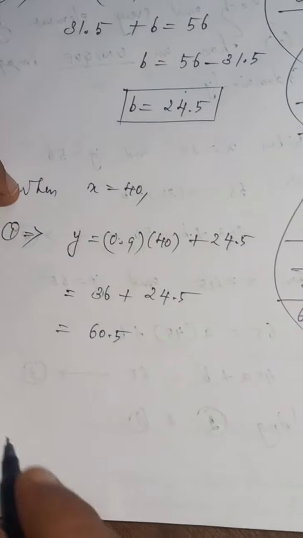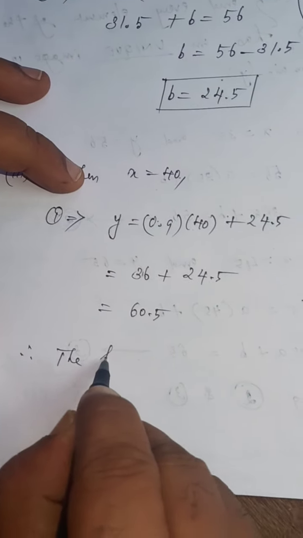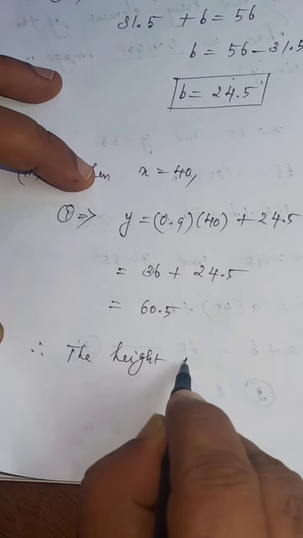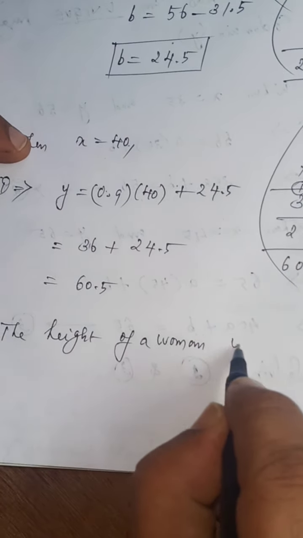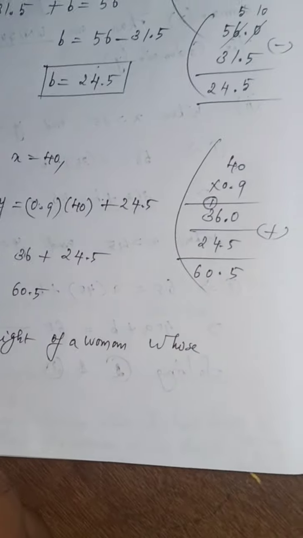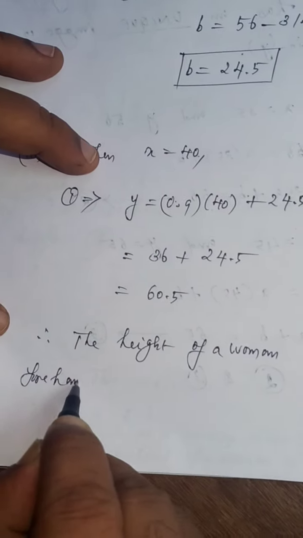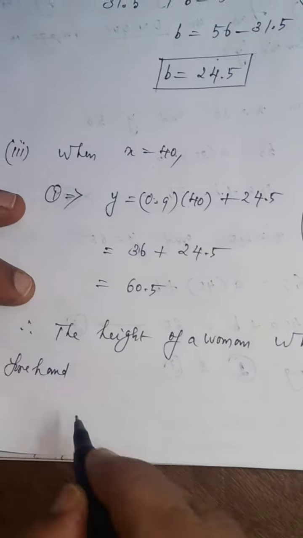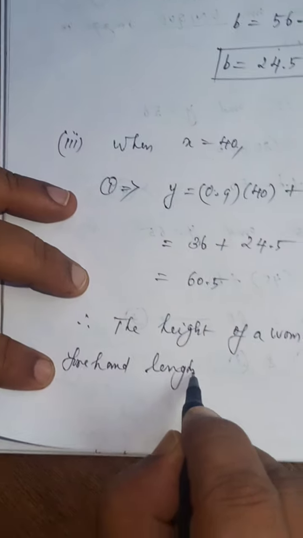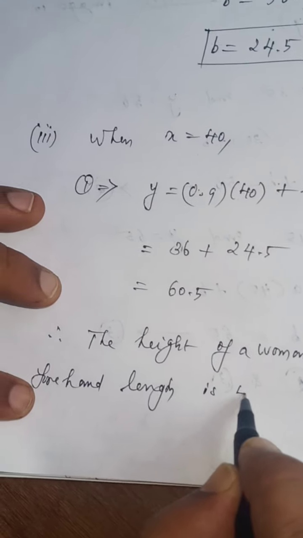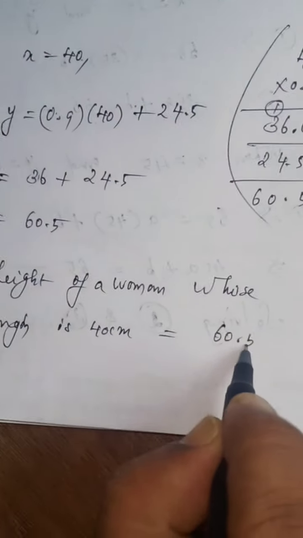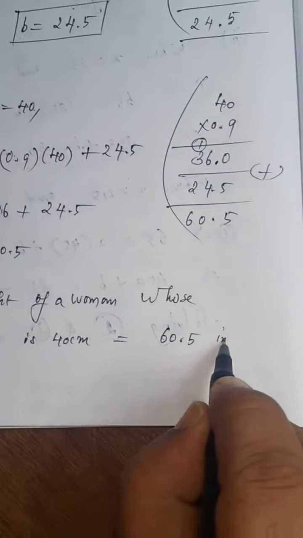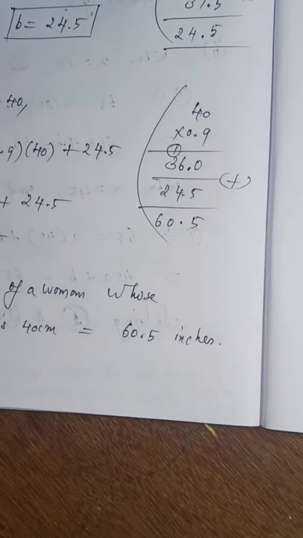The height of a woman whose forehand length is 40 centimeter equals, what is the height? 60.5. What is the unit? Inches. So subdivision number 3 over.